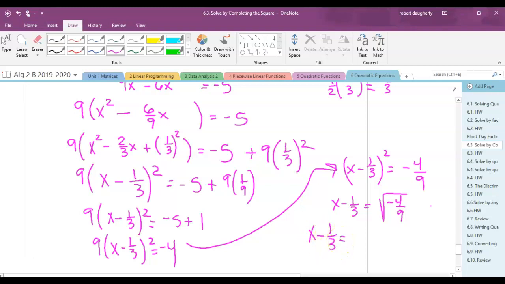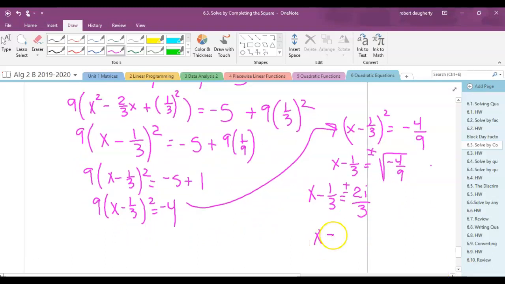What's the square root of negative 4? 2i. What's the square root of 9? 3. Okay. And what did I mess up? What did I mess up? Yeah, plus or minus. So this final answer is x equal 1/3 plus or minus 2i over 3.